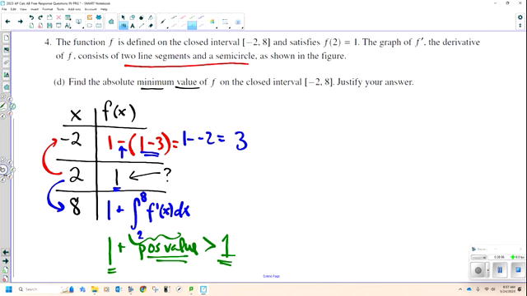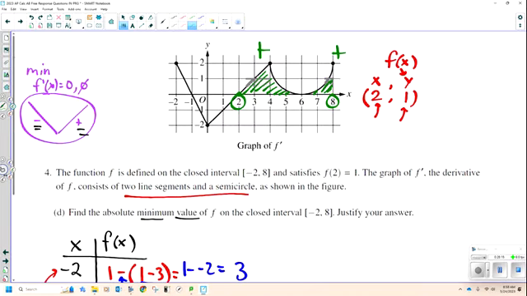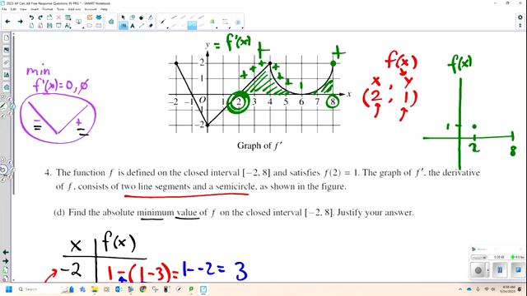So I know if it's bigger than 1, this is the minimum. Or if you're a smarty pants, you can say, well, if 8 is my right endpoint, and I think the minimum is at 2, here's my minimum at 2, 1. That's the minimum of f of x. And here's 8. This is my first derivative, isn't it? That's slope. Isn't the slope constantly positive till it gets to 8?